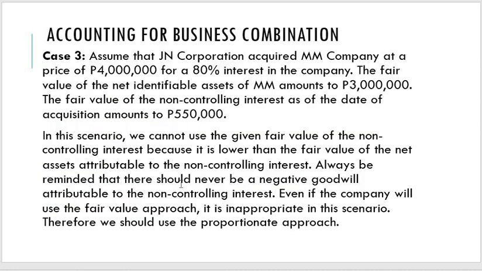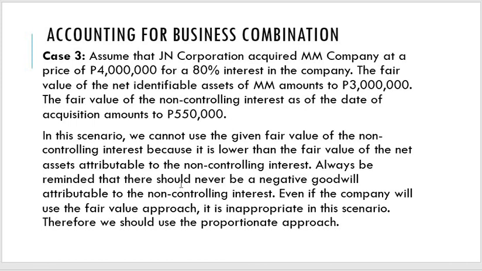Okay, in case 3, assume that JN Corporation acquired Company at a price of 4 million for an 80% interest in the company. So, the fair value of net identifiable assets amounts to 3 million, and then the fair value of non-controlling interest as of the date of acquisition amounts to 550,000.